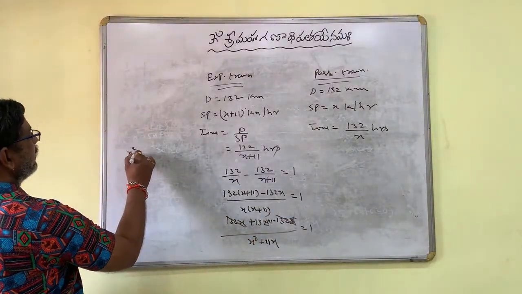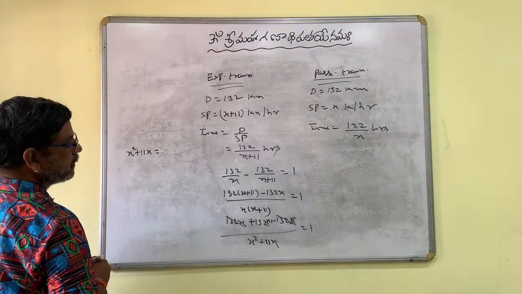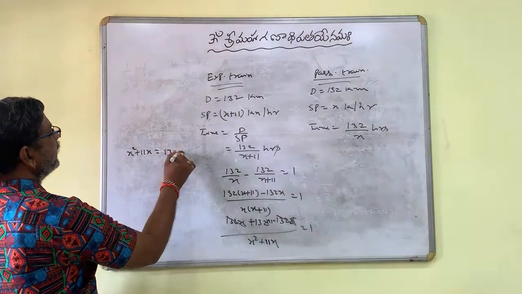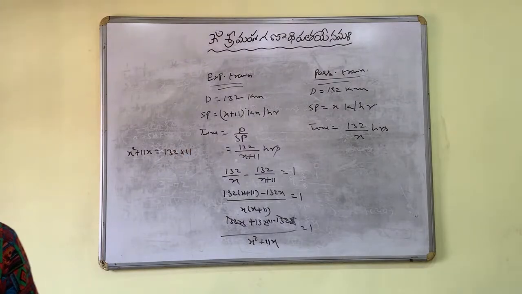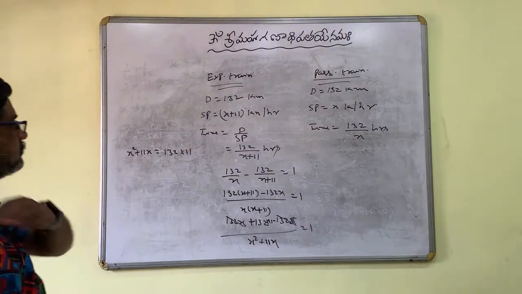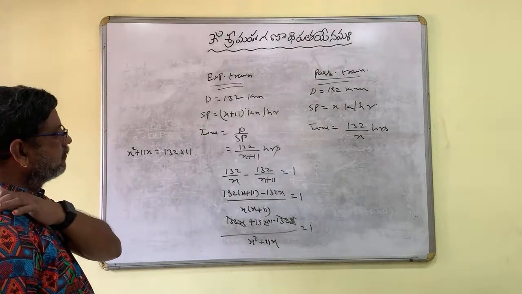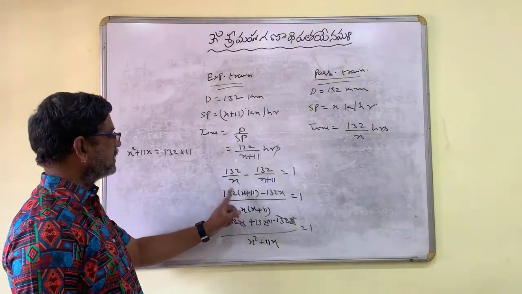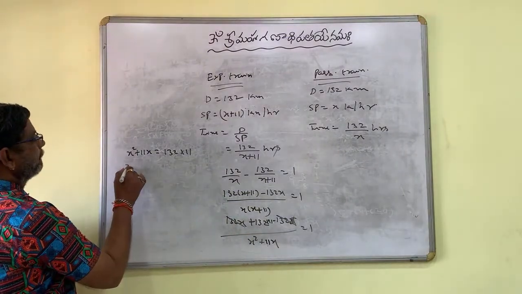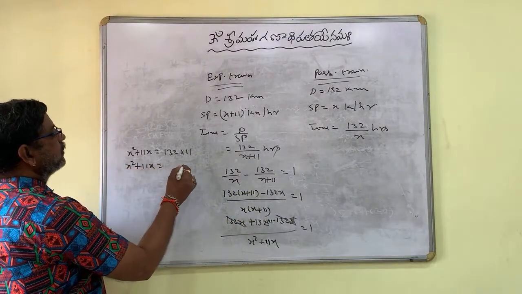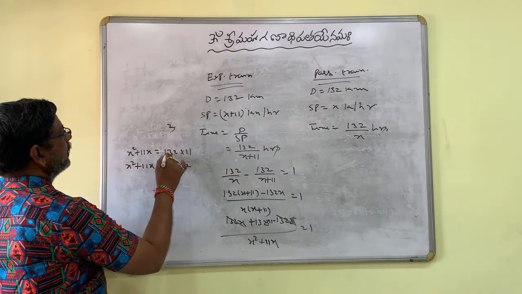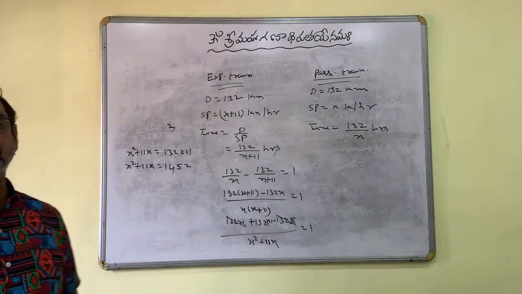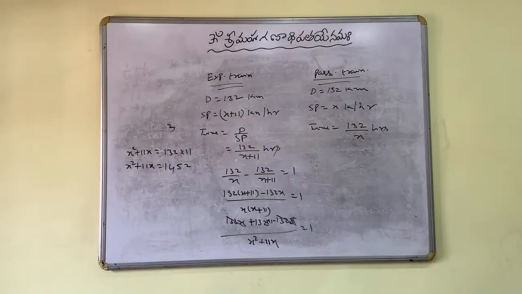So x square plus 11x is equal to 132 into 11, which is 1452. That is the quadratic equation.